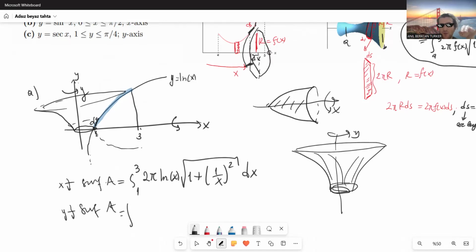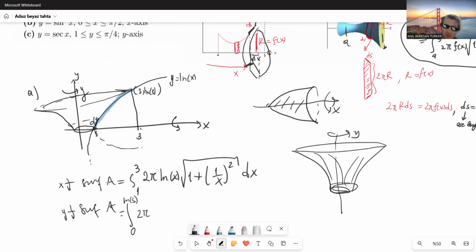When x is 3, y is ln 3. I mean the height. So my integral would, of course, be in terms of y. That's why I'm taking this from y is 0 to y is ln 3.